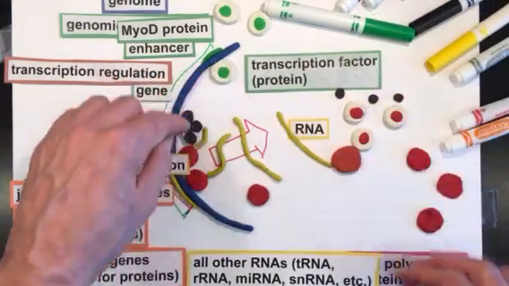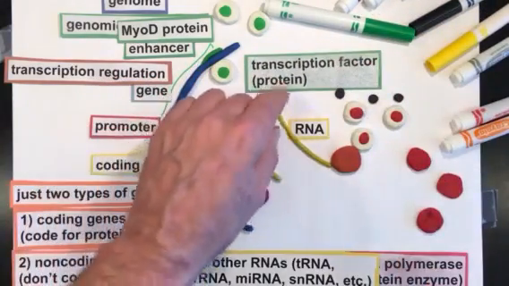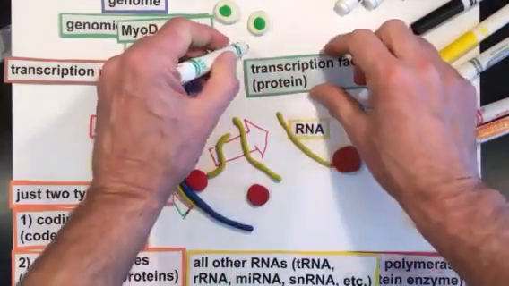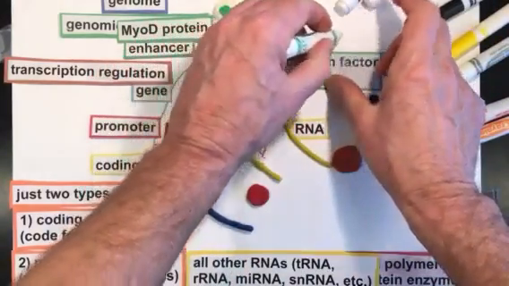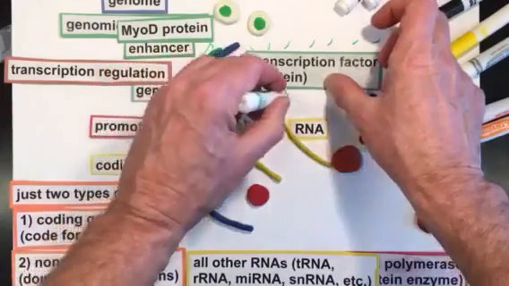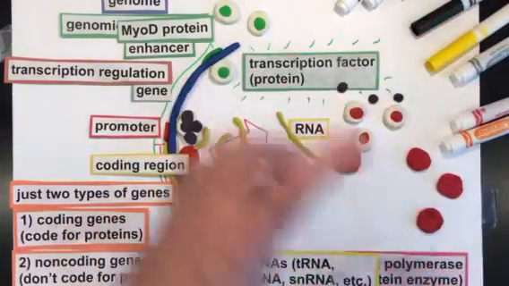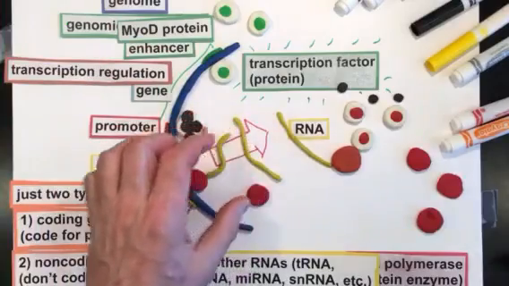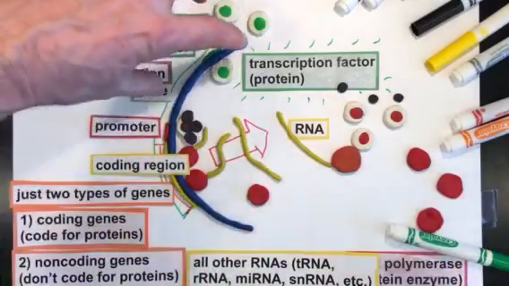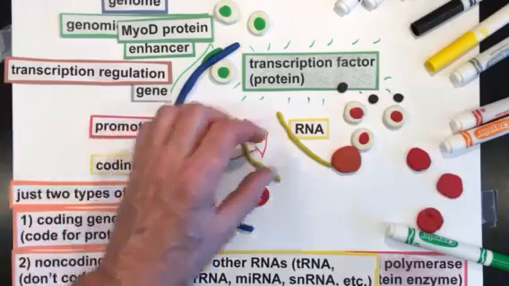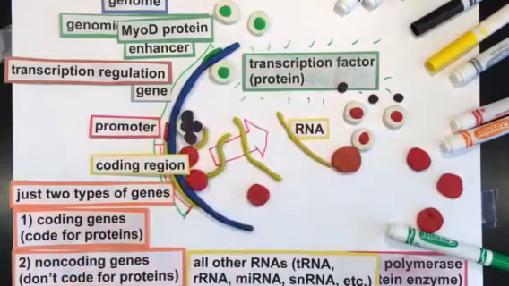Collectively, MyoD and these proteins are referred to as transcription factors. And transcription factors are a big part of the story because, again, they're like your finger that pushes the button to open the computer file that you want to access. Transcription factors are the regulators that tell where, when, and how much of a gene to be expressed.